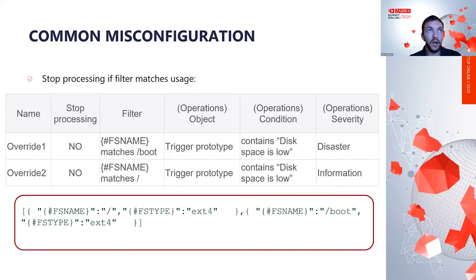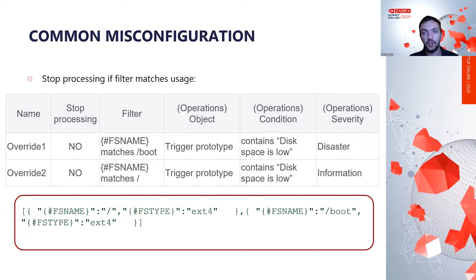So the common misconfiguration indeed is revolving around the stop processing setting. A lot of times we see situations like this when it is not that easy to wrap your head around the whole idea behind this setting. But there are situations like this.